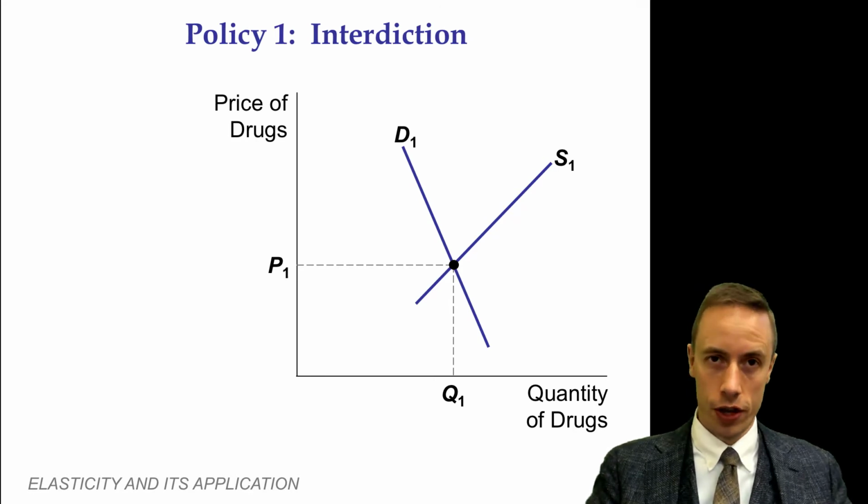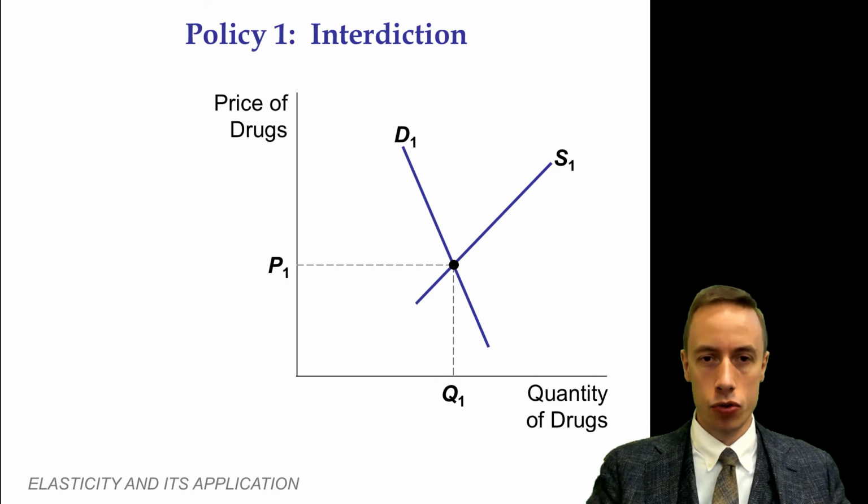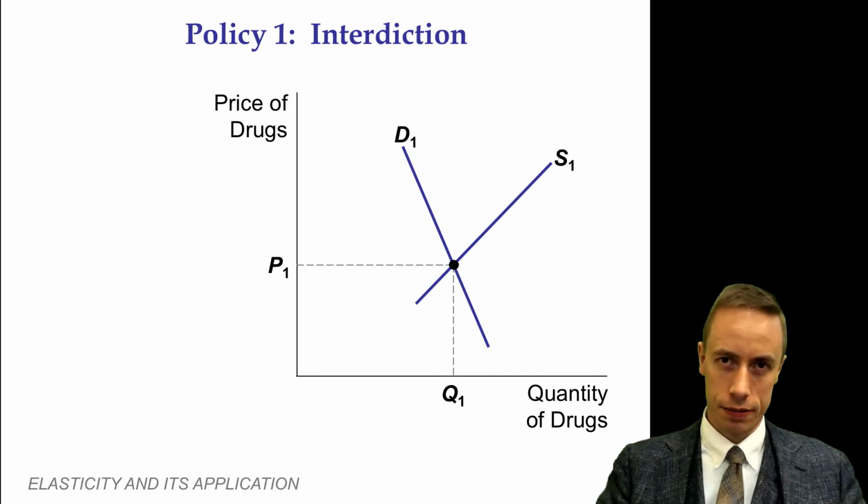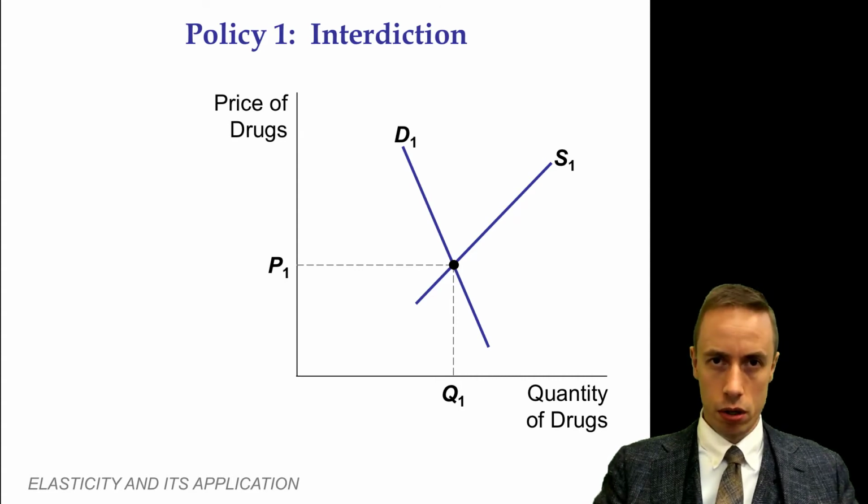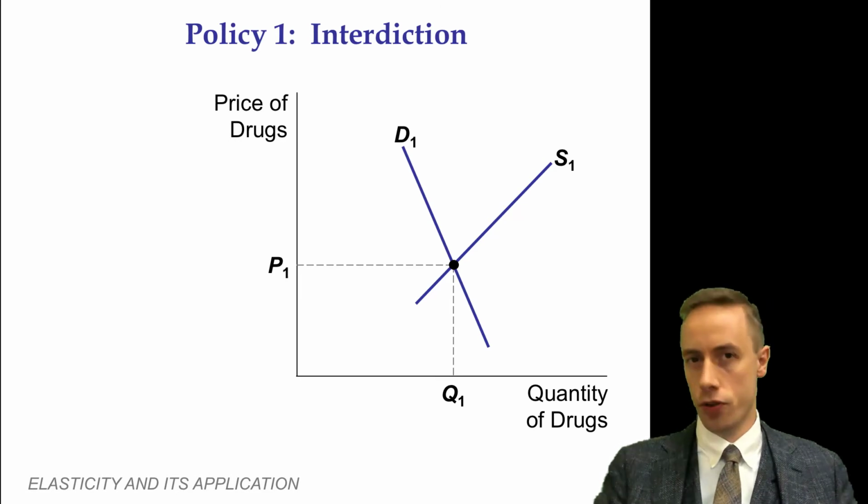And because of that, we can make a very interesting prediction. You see, as a society, we often want to reduce how many addictive drugs people consume. That's why we make them illegal. And there are many reasons for that.